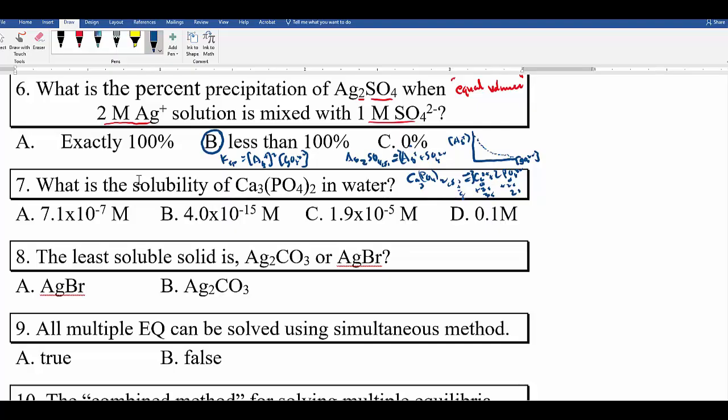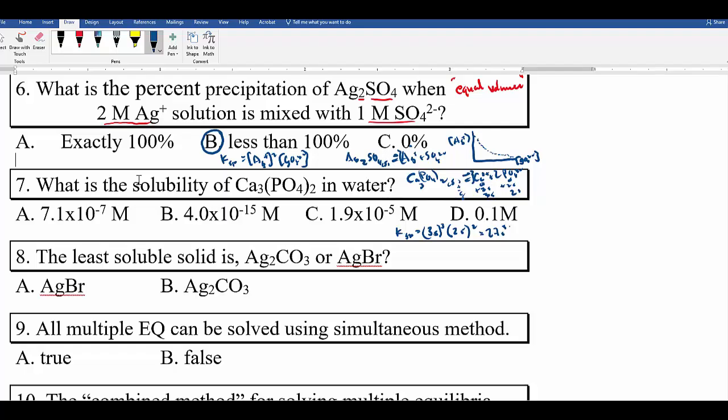And so the KSP is going to equal the calcium concentration cubed. That's going to be 3s, the calcium concentration at equilibrium cubed, times the phosphate concentration at equilibrium, which is 2s squared. So 3 cubed is 3 times 3 is 9 times 3 is 27 s cubed.